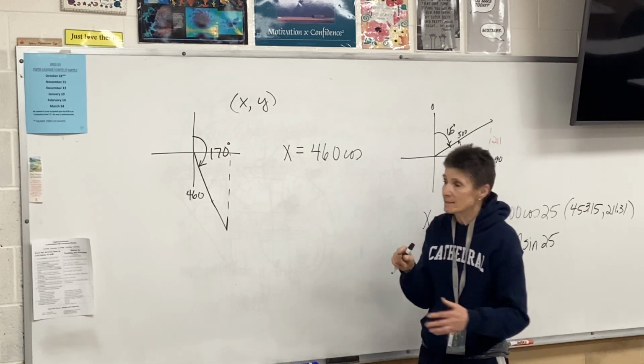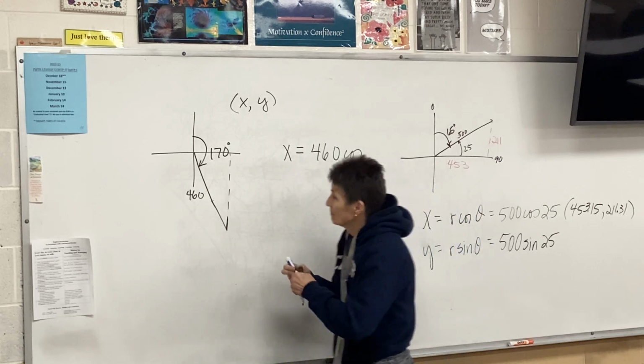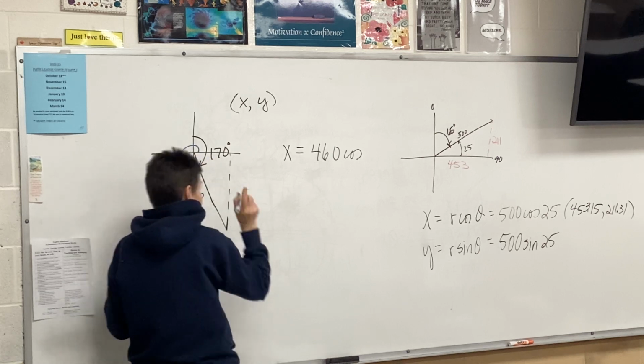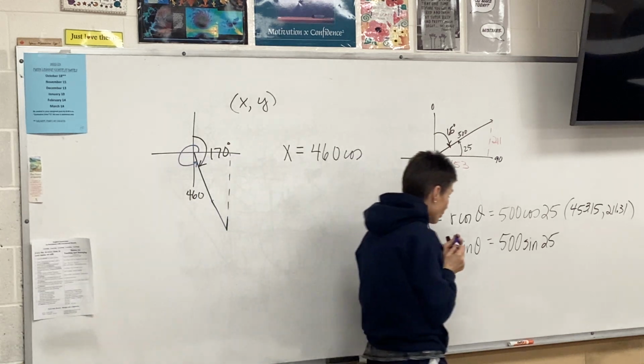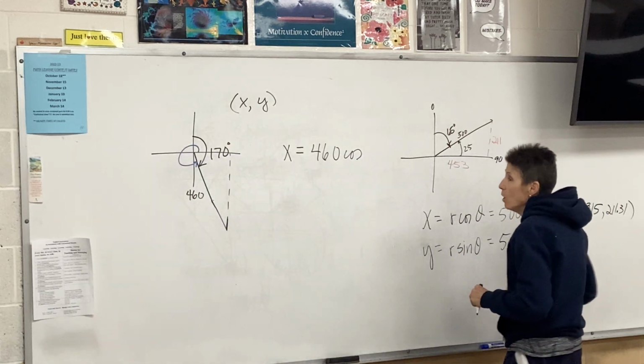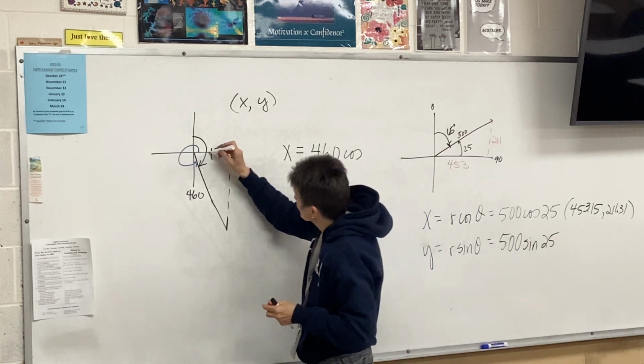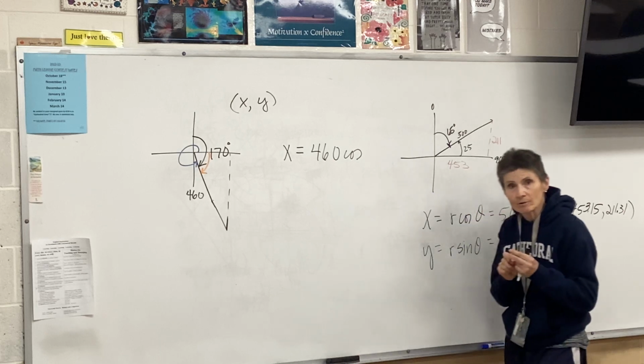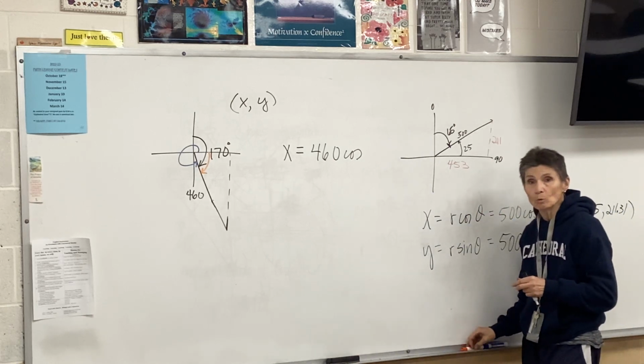You have a choice. You can find the blue angle, because that's in standard position, starting on the x-axis, or you can use the orange angle. It doesn't matter. Use whichever one you're most comfortable with.